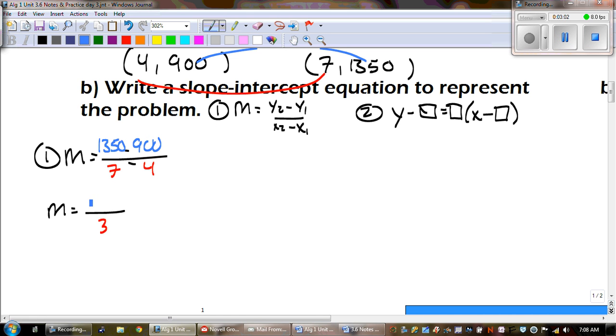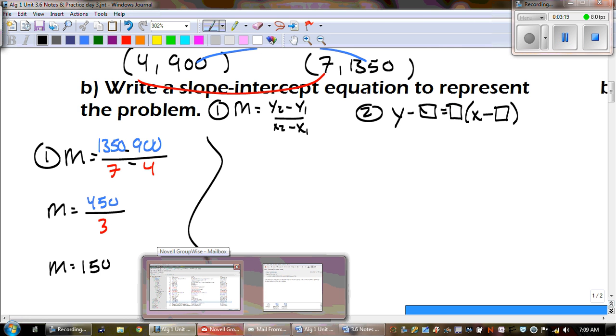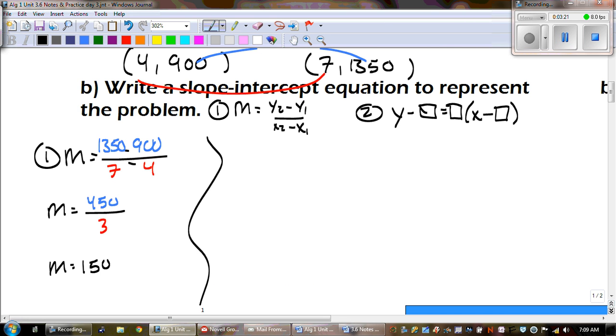Did you use your calculator? I did. And then the last thing is we have to reduce that, simplify it, and we get the slope equals 150. So now we've done that first part, we can plug into point slope.